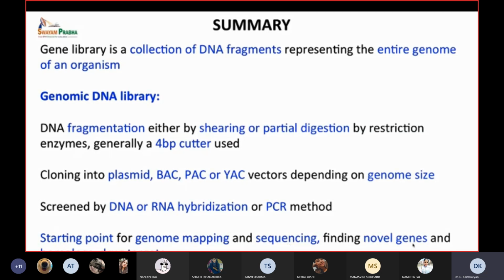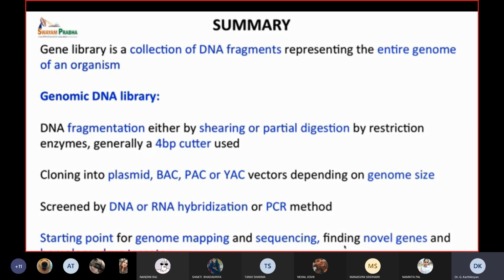For example, sometimes, in many cancers, the genes which are not normally expressed can be expressed. Another complication with cancer is that not all genes are expressed in all the tissues. So when you're dealing with a particular type of cancer, then the library prepared from that particular tissue is more informative compared to a library prepared from any other random tissue.